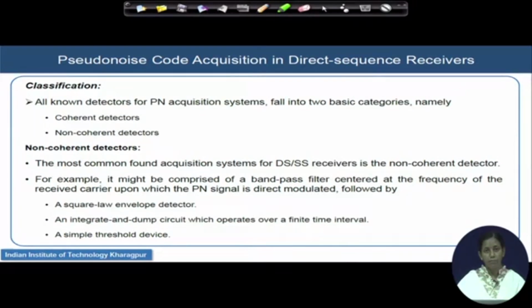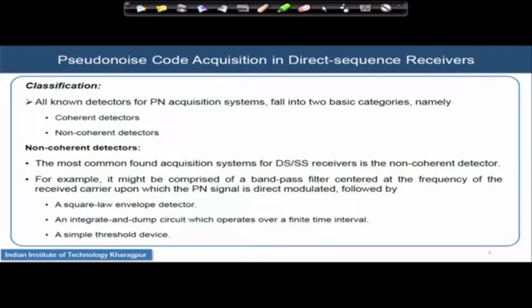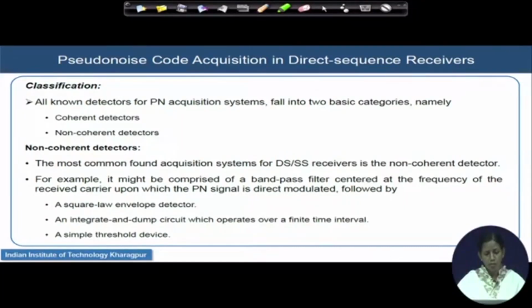However, some code acquisition system models and mechanisms either have a priori knowledge or can estimate the phase of the carrier frequencies. In such a situation, coherent types of detectors are also applied.